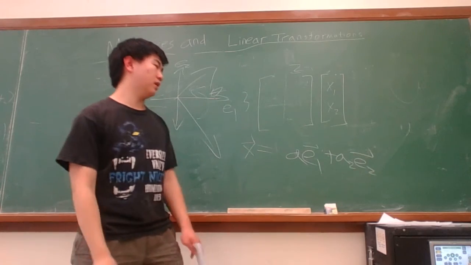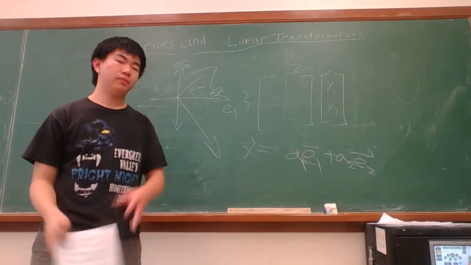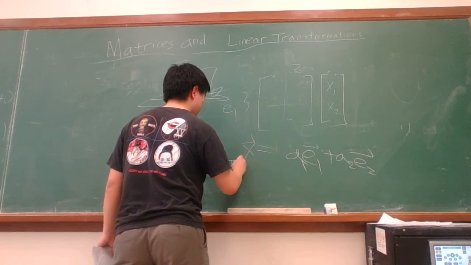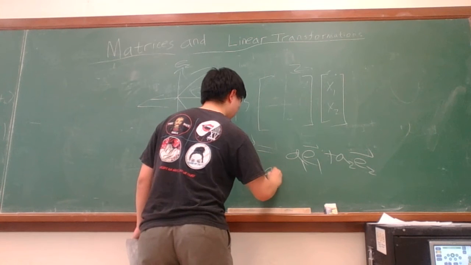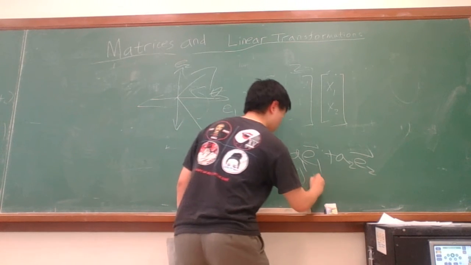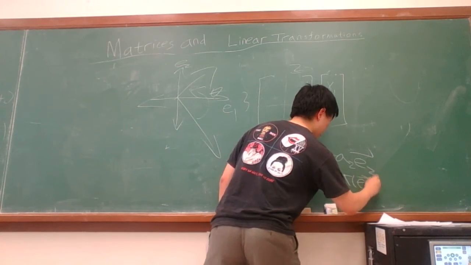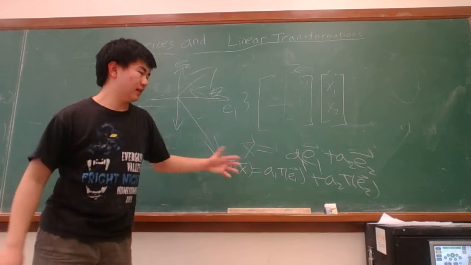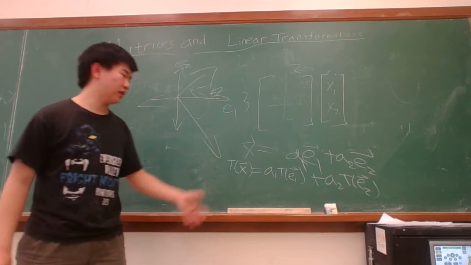And since it's a combination of both, well, we can just use some linear properties, right? So T, and this is the direct result of the fact that this is a linear combination. Matrix multiplication is a linear transformation.